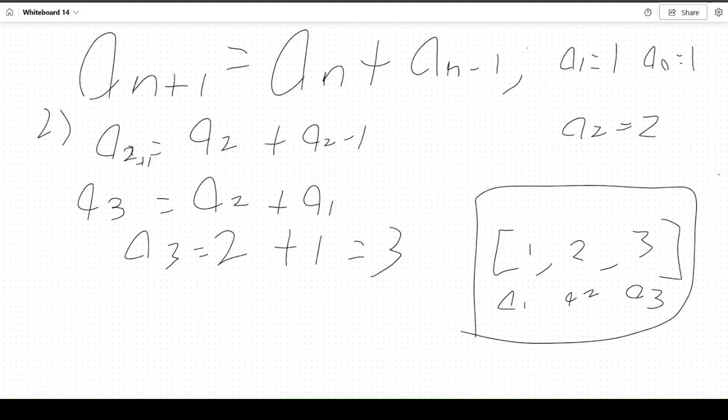It can be more, like they may ask you to do 5 or 6 terms, but this is just a basic example of what it will look like.